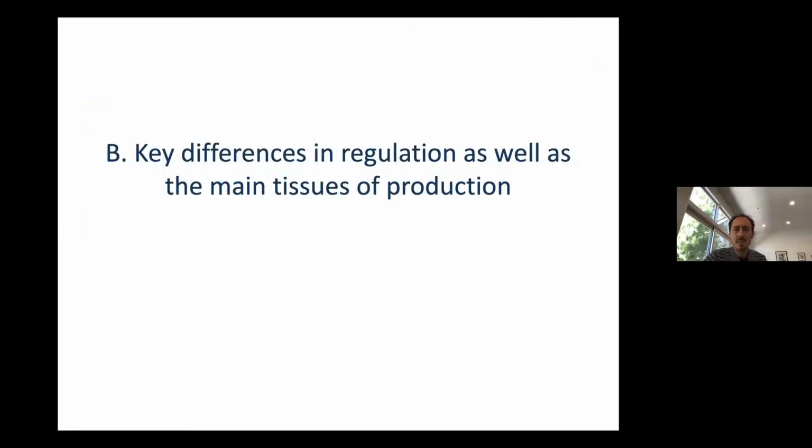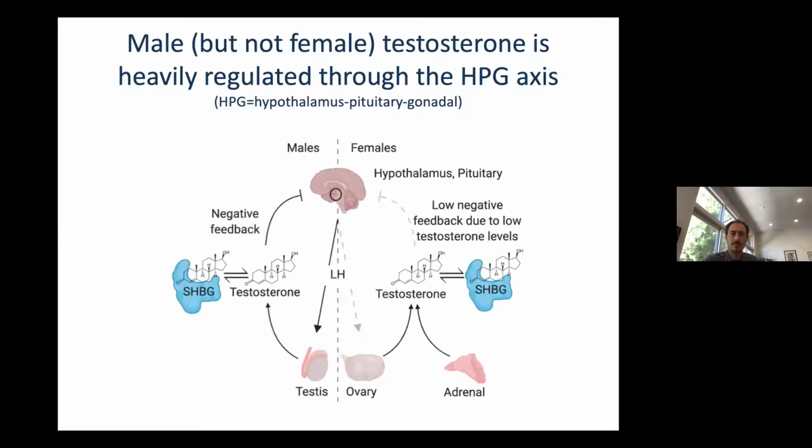Beyond that, it turns out that there are very important differences in regulation of testosterone levels, as well as, as I mentioned, the main tissues of production. So in males, there's this important feedback loop that's heavily regulated through the HPG axis.